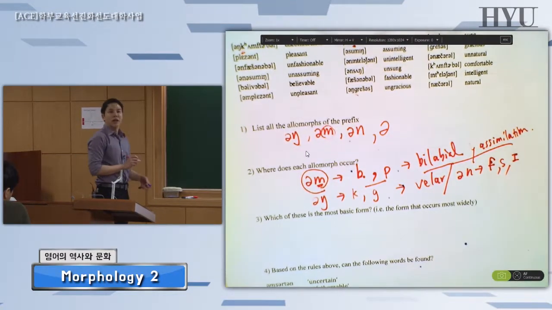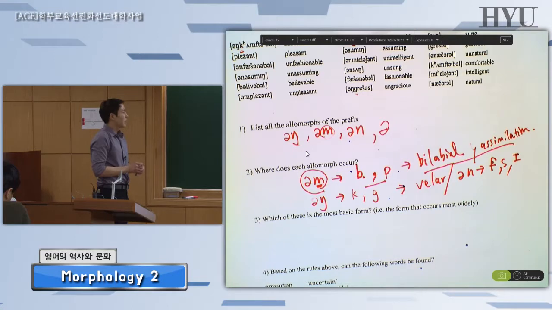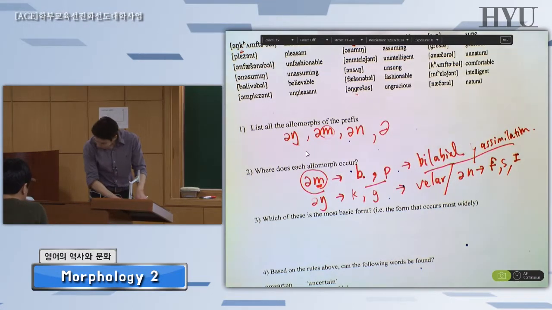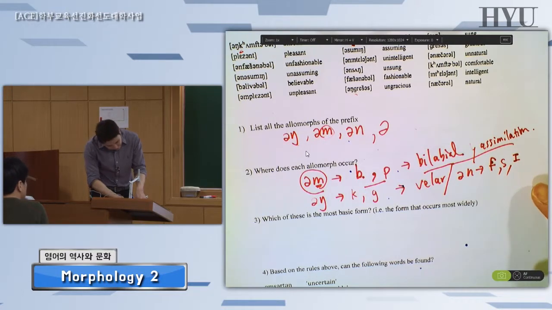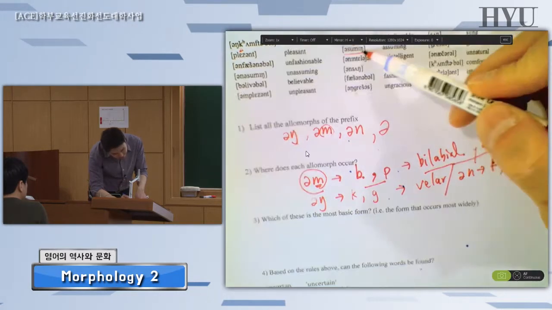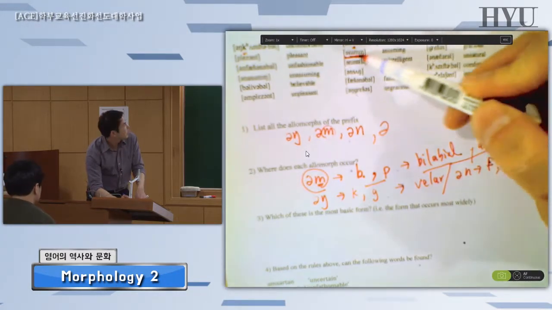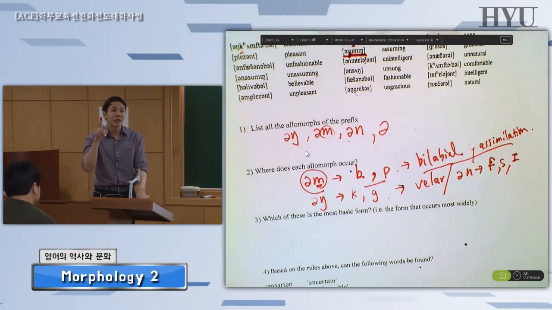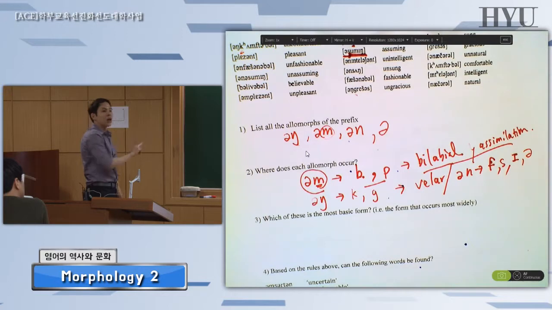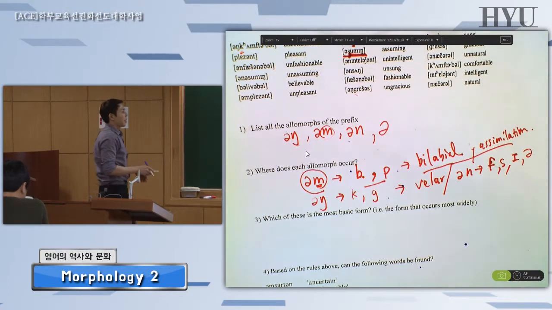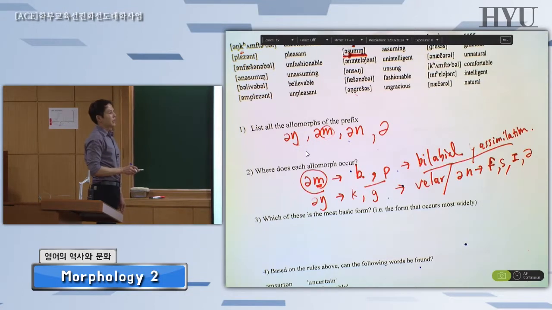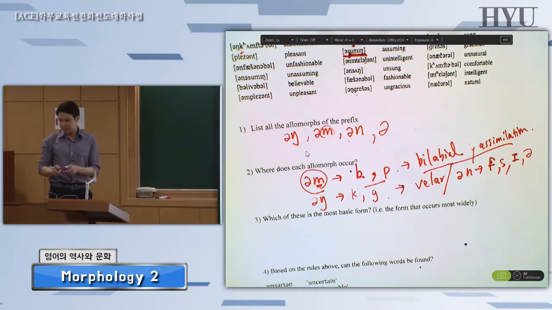Vowel E. And what about F, S? There should be one more. Assuming, you see? Assuming is a schwa, right? Unassuming. So we find four. After schwa N: F, S, E, and schwa. Okay?